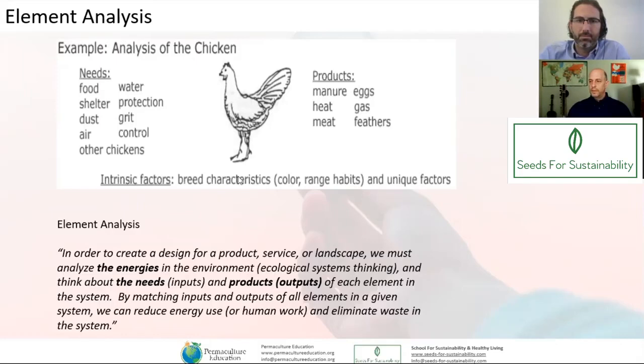What we would do in a typical design is look at all the elements in a given system. Say we have a chicken house, a greenhouse, and a garden. There's going to be a place where we need to deal with compost, and that compost can feed into the garden.